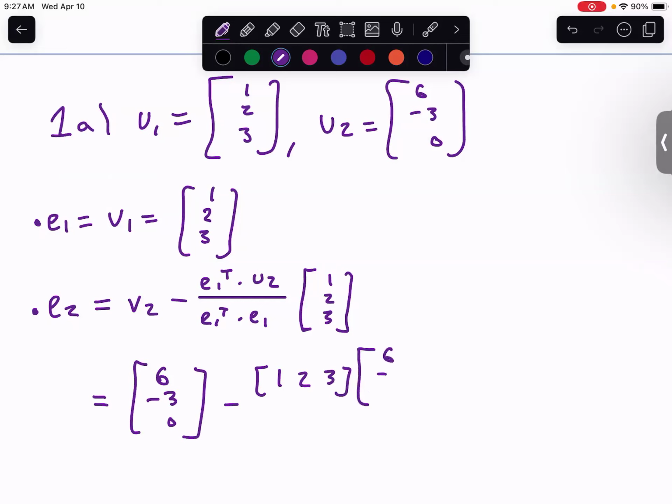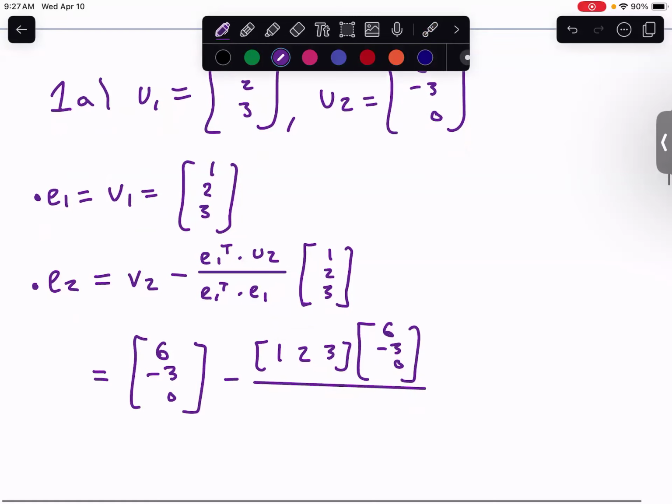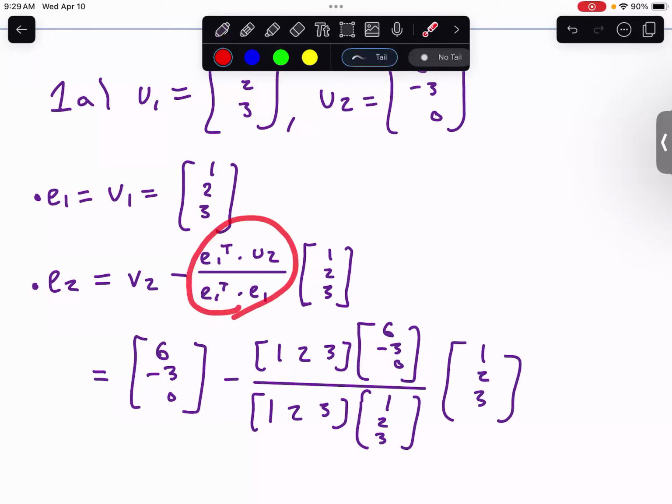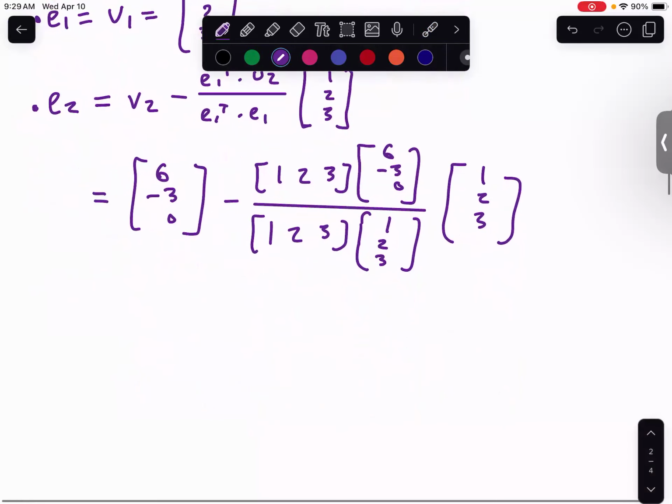In terms of matrix multiplication it ends up being the dot product. The denominator is the length of the vector squared, so (1, 2, 3) times (1, 2, 3), and all of this is times (1, 2, 3). This always gives you a scalar to multiply V1 by, and then you subtract that from V2.